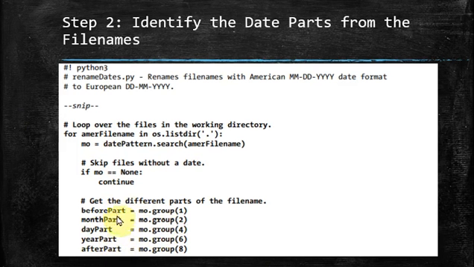Before part is nothing but the text that you might have before the actual date, like spam. Suppose you have spam, 04, that is representing month, then 25 and 2020. That is, 04 is April 25th, 2020. So spam April 2020, something like that. The before part is nothing but spam.